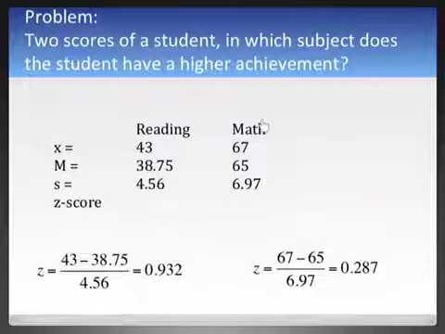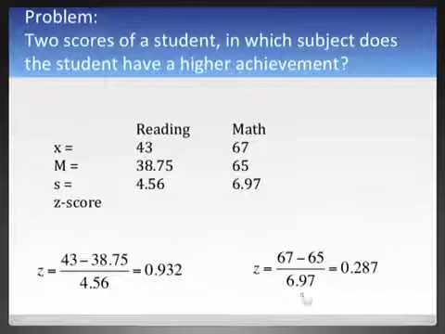We do the same thing for math here. So 67 is the individual score, and then 65 for the mean. So 67 minus 65, we see this person is 2 points above the mean. Now what does that mean in terms of standard deviation? 2 divided by the standard deviation of 6.97 tells us that it's 0.287 standard deviations above the mean.